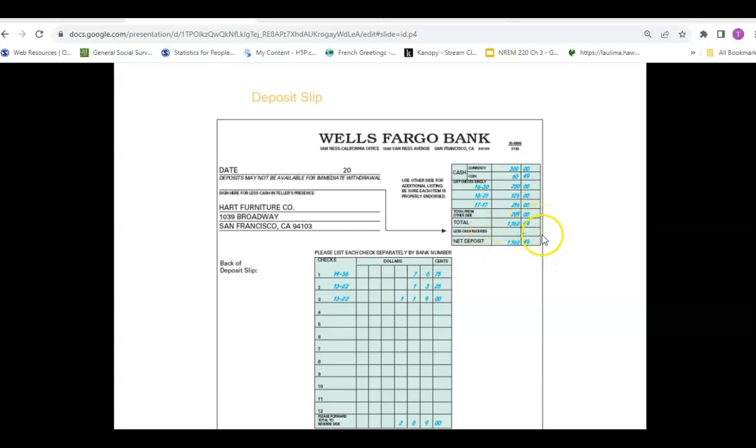Okay, and then we also have our net deposit. And so usually with businesses, because they have multiple checks, they don't just hand the cashier or the teller a stack of checks. They include this deposit slip and usually a printed calculator tape of each check totaled.